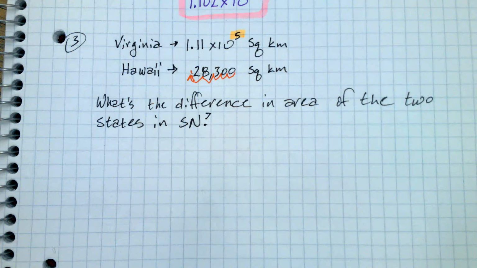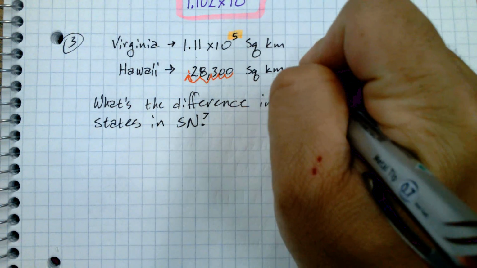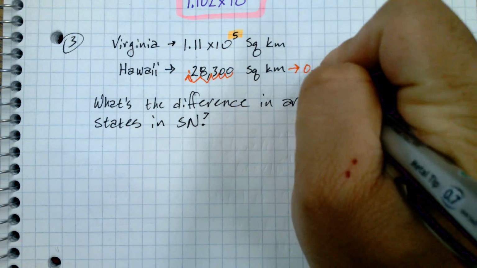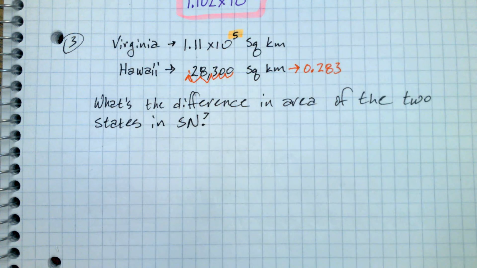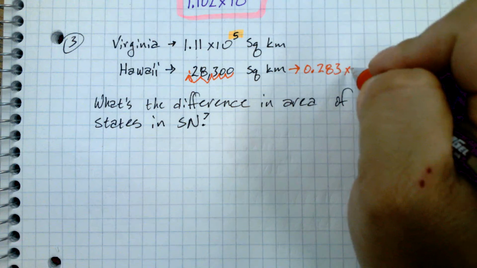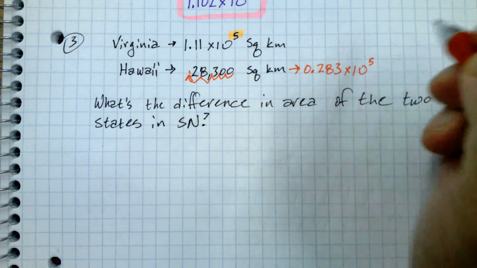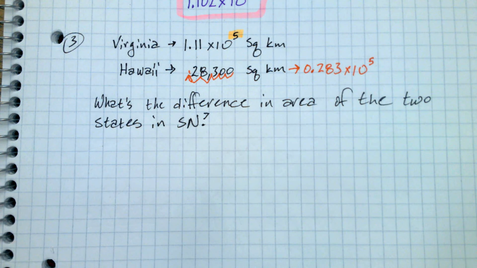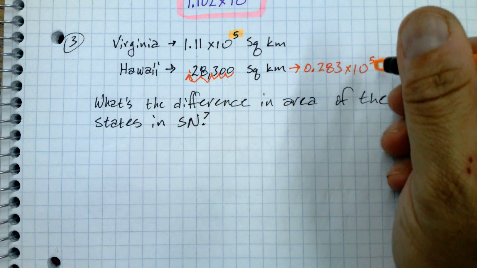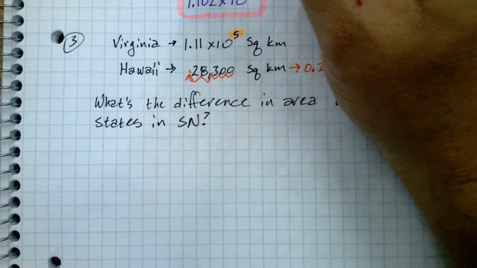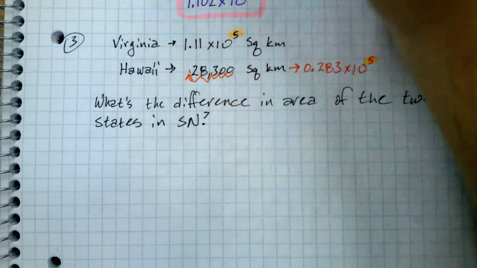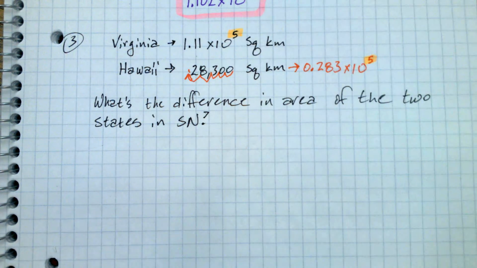Put the decimal there. Okay? So I'm going to write this number as 0.283. Don't need those last two zeros. Times 10 to the 5th.